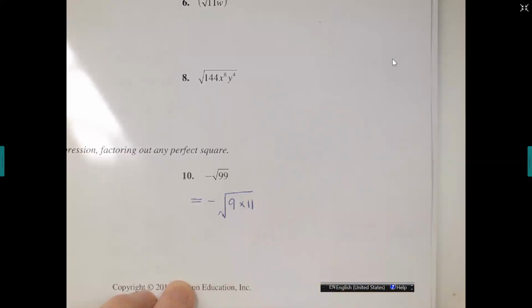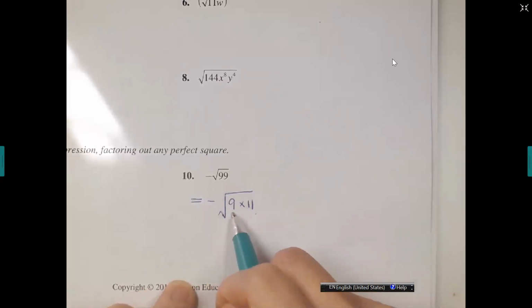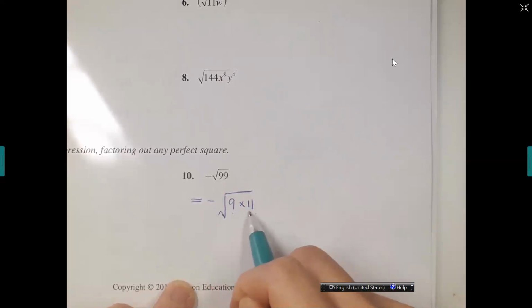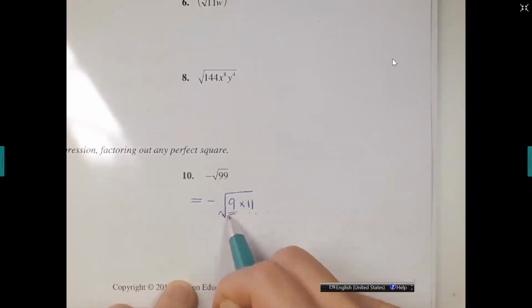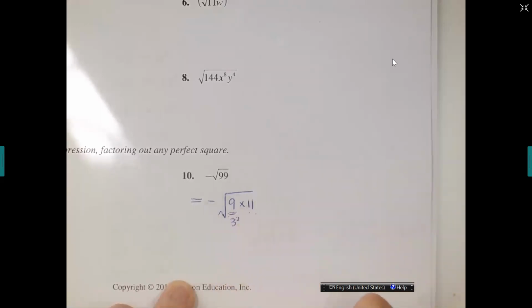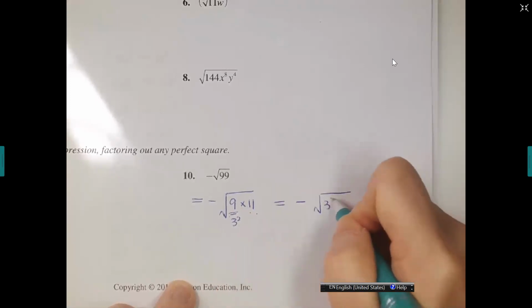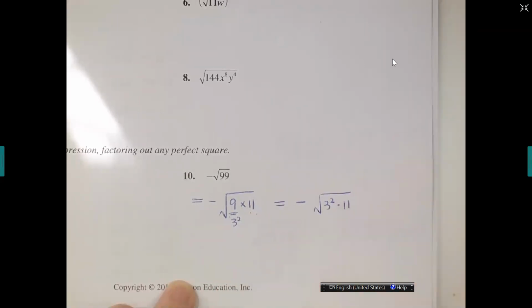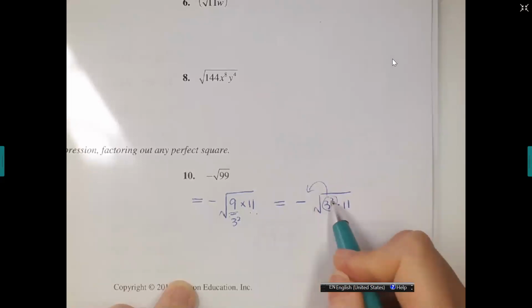So now I break 99 into a product. 9 is a factor. 11 is also a factor. When we see the number 9, you notice 9 is a perfect square number because 9 equals 3 squared. So you can rewrite this as negative the square root of 3 squared times 11. 3 squared now can be moved out because of the square term.